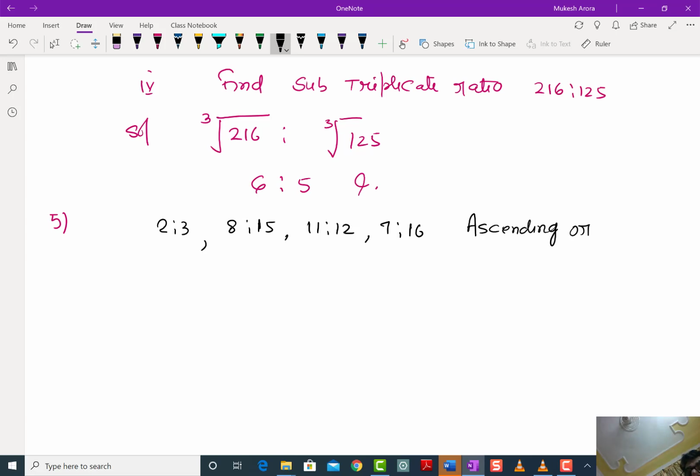We have to arrange in ascending order. To do this, first of all we'll write the fractions 2 by 3, 8 by 15, 11 by 12, 7 by 16.